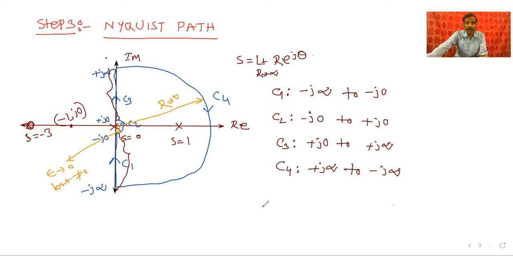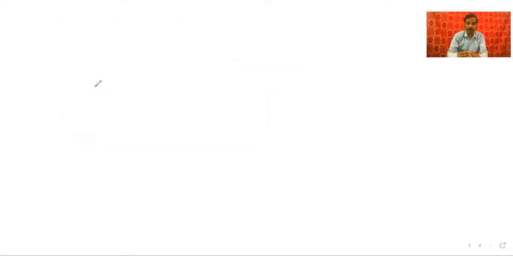And step number 4, sinusoidal input. Step 4: put s equals j omega for sinusoidal input.